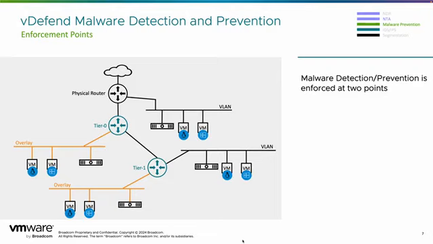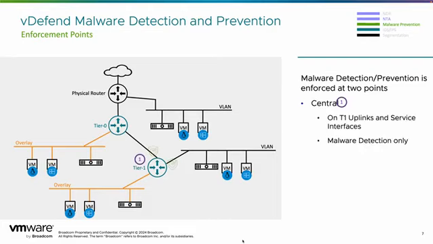Now we can do malware detection at a different level. We can actually do that at the gateway level. So the gateway firewall, or part of the edge services node, we can actually take a look at files being transported or basically moved either on the uplinks or service interfaces, and we can have that for perhaps those virtual machines or physical hosts, bare metal hosts, that can't have the agent or won't ever have the agent installed on it.